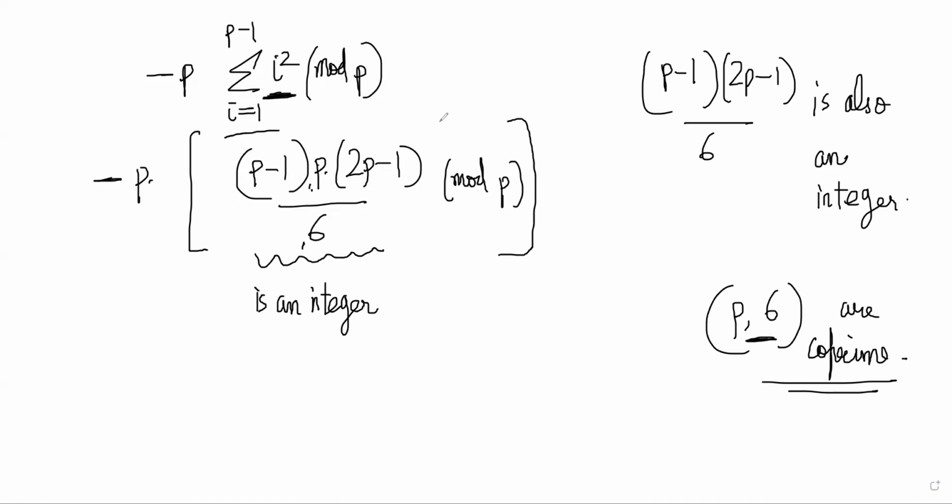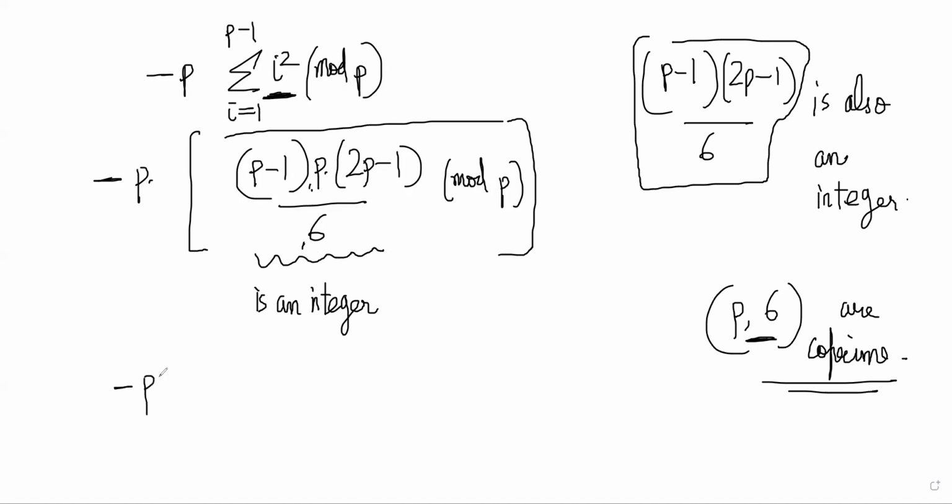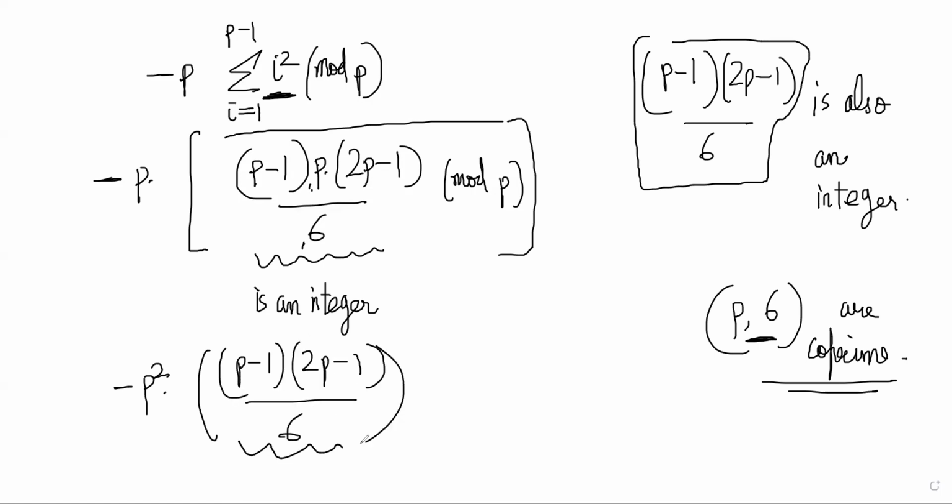So if the whole thing was an integer, then it was an integer because this part was an integer, right? And if this part is an integer, that means the whole expression is minus p square times p minus 1, 2p minus 1 by 6, which is an integer. So it is clear that the whole expression is divisible by p square, right? So this is congruent to 0 mod p square.